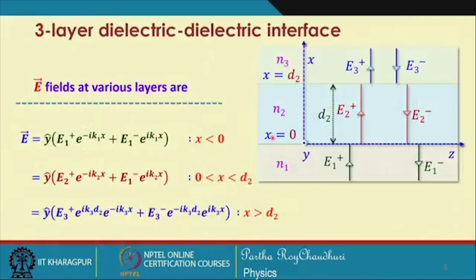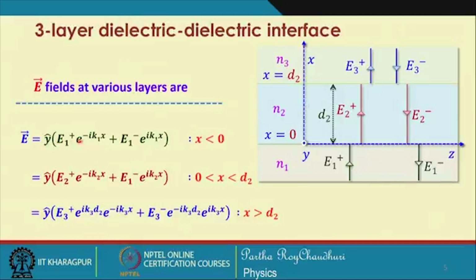Then we can write down the electric fields, and also the magnetic fields as we will see later, in the different layers. For example, we have placed the coordinate system in this way: this is x, along which there is a variation in the refractive index, and this is y, which is along the direction of the interface plane.